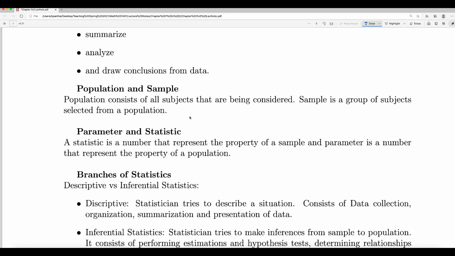But suppose you don't want to do that. You don't have a lot of time, you don't have a lot of money to collect the data. So instead of doing that, you pick a sample, meaning you pick some people from one state, let's say 10 people from one state, randomly, okay? And then you record the age.